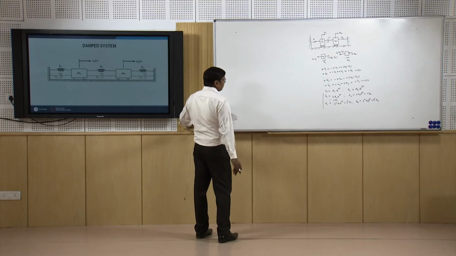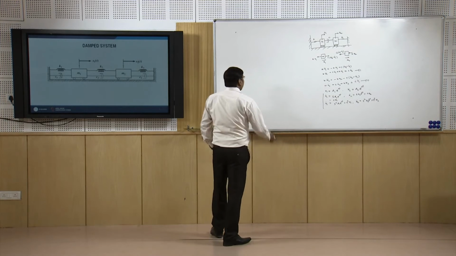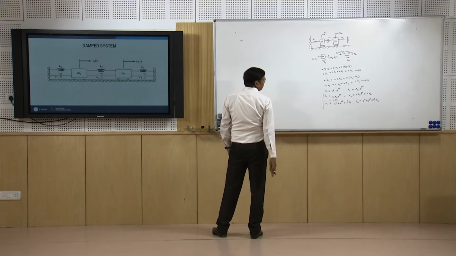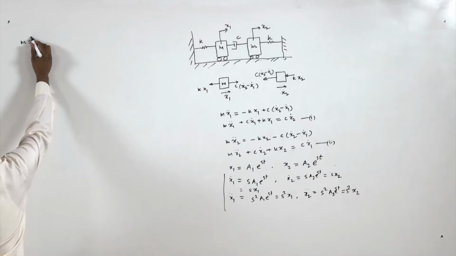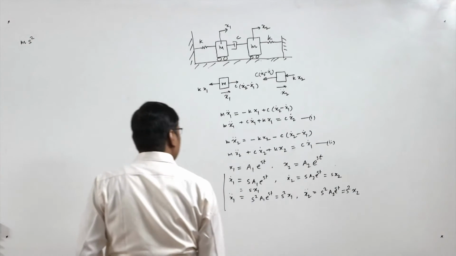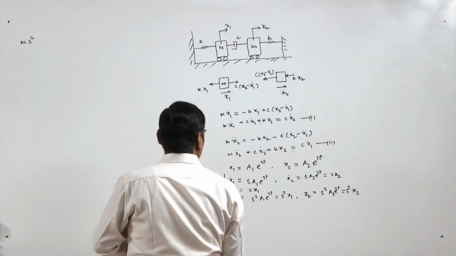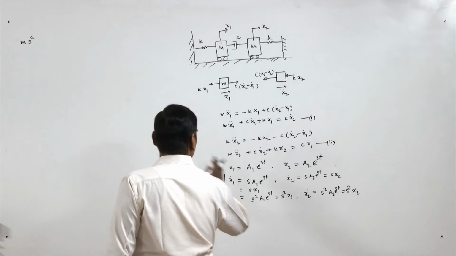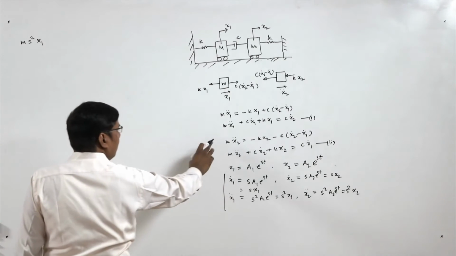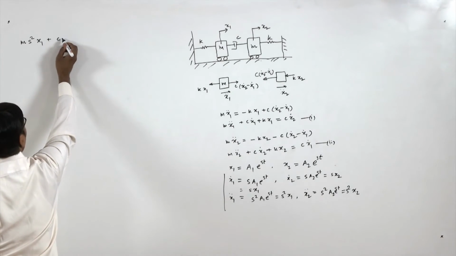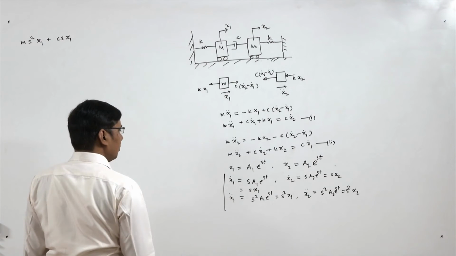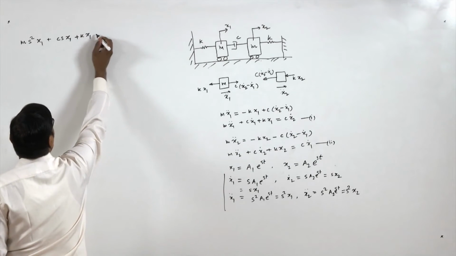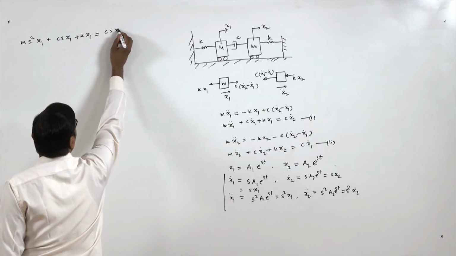So, what do we get? m x1 double dot, and x1 double dot is s square x1, so m s square x1 plus c s x1 plus k x1 equals c s x2.